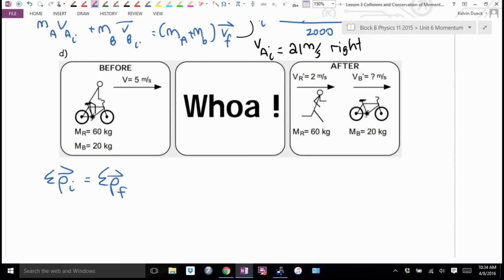Braden, beforehand, what's moving? Mass R, I guess, rider. The rider, the bike, both or neither? Stuck together or separate? Okay. So, momentum, both. They don't collide.